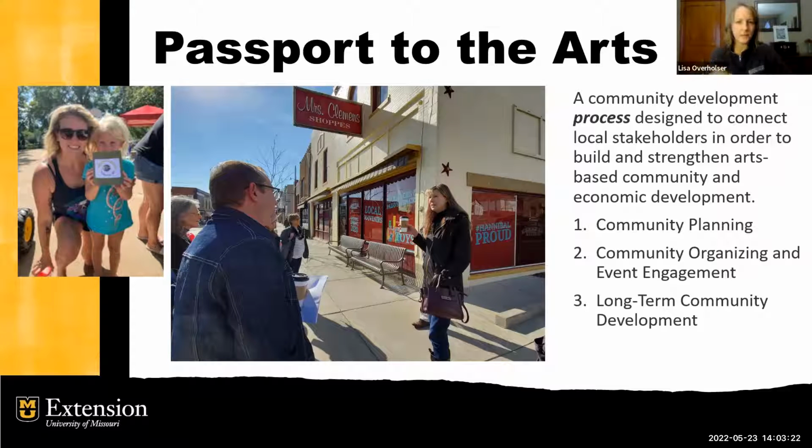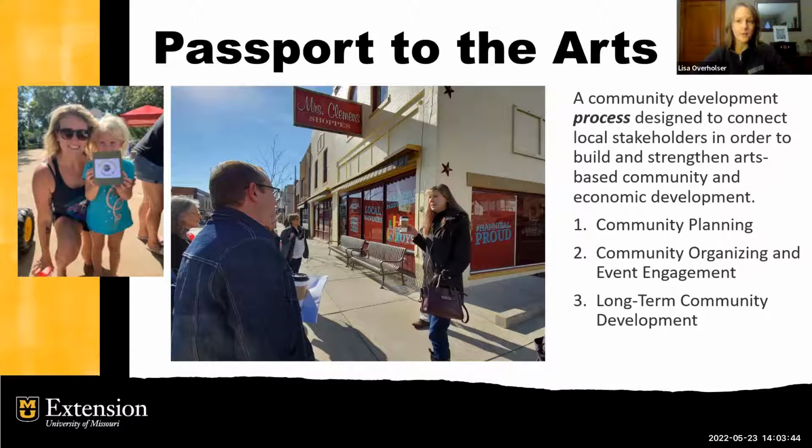We have some pictures up there of some work we did. The large picture is a tour we did of Hannibal, Missouri. We were contacted by them and we did an asset mapping for them to start the process. And then over to the left, we worked in Augusta, Missouri, which is a very small rural community just south of St. Louis. This process has 3 parts.